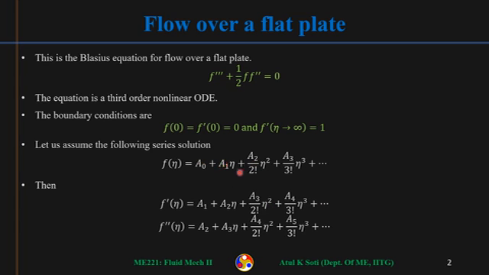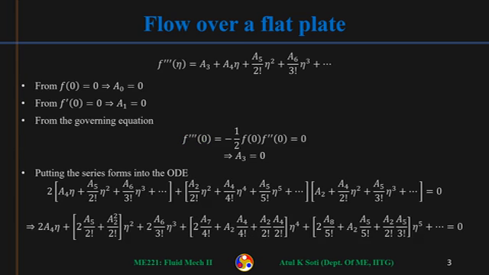It will be a1 plus a2 eta plus a3 upon 2 factorial eta square, like that. And we also need f double prime, so we can find out f double prime also like this. Then we also need f triple prime in the governing equation. So f triple prime is this.